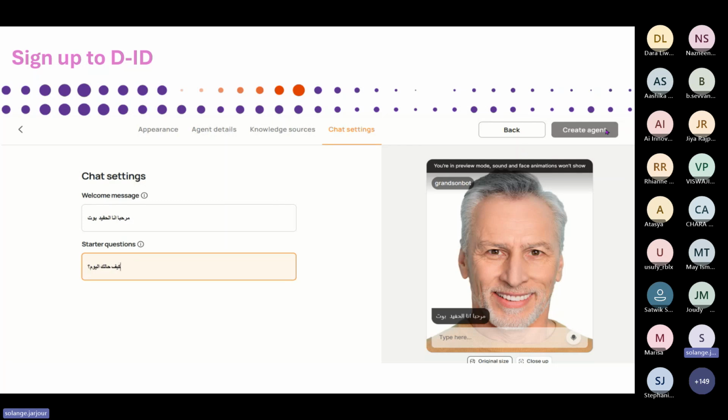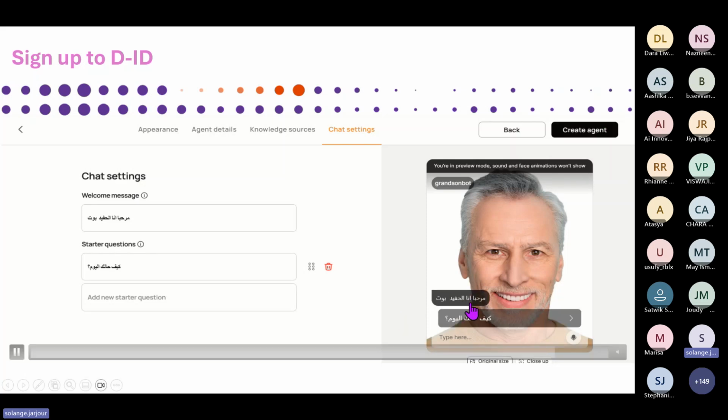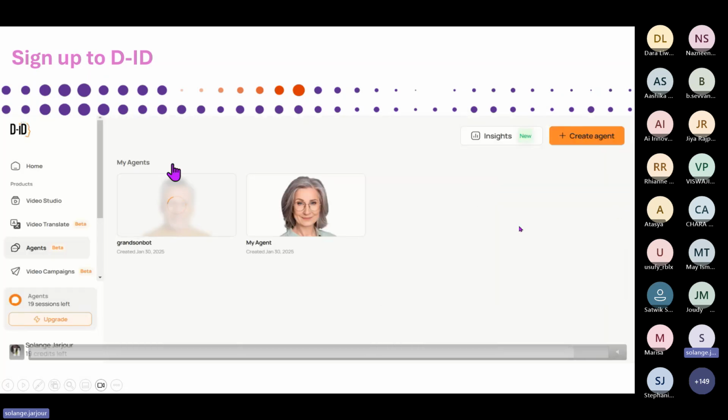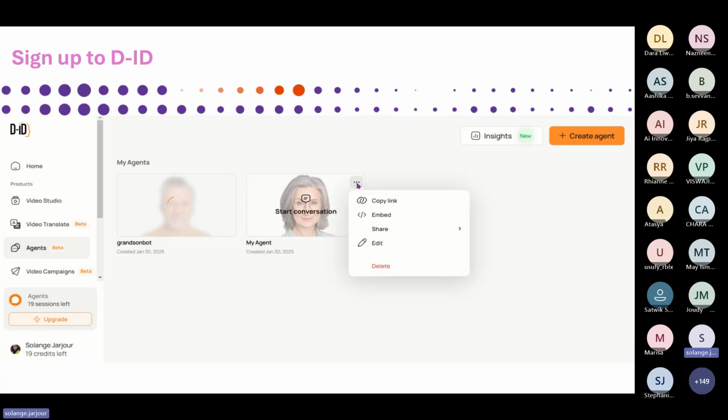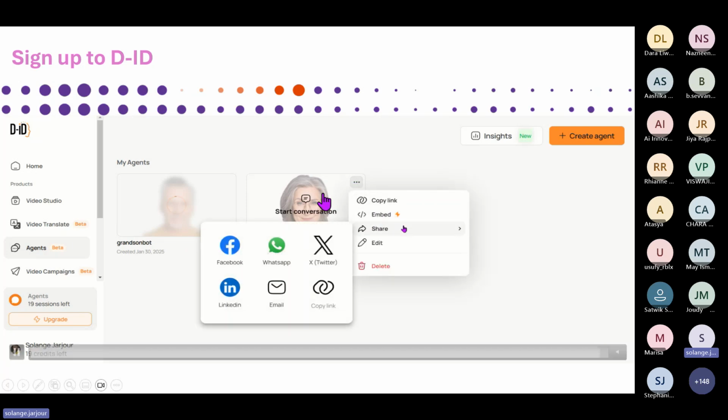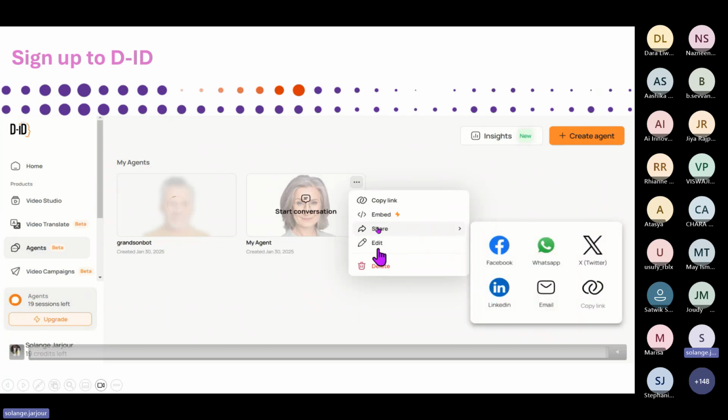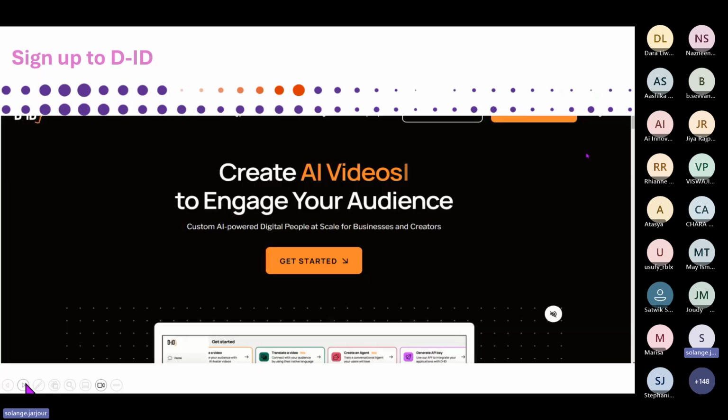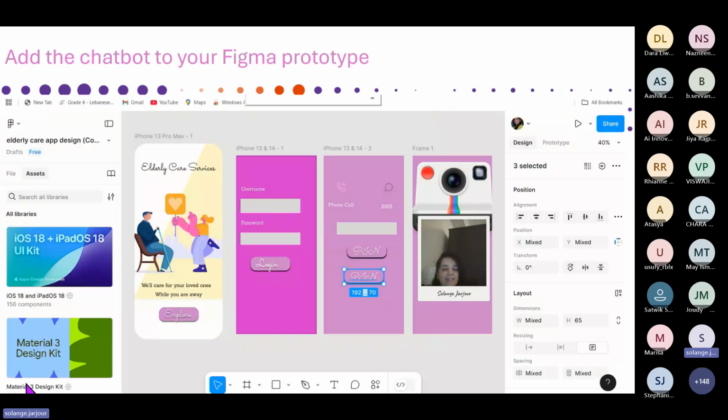How are you? So you can customize it in any language that you need, and it will automatically start appearing on the side. Now, once I'm done, I will click on create an agent, and it will start training this agent on the knowledge base that I provided. Now, when I finish, I can simply say, copy link, share it, add it, whatever you need to do. Okay? Any questions so far?